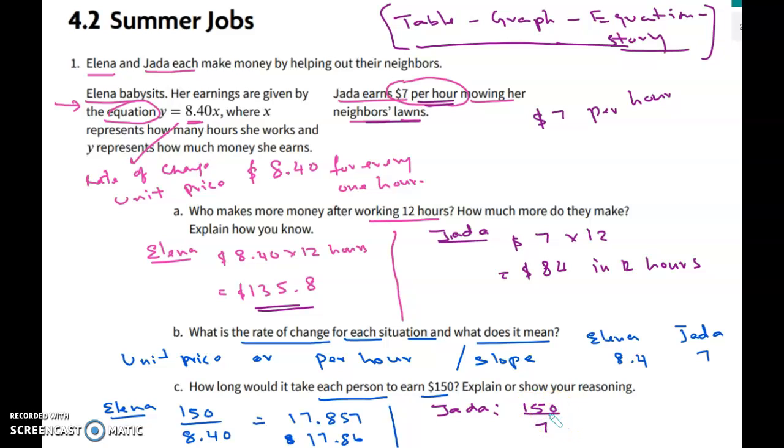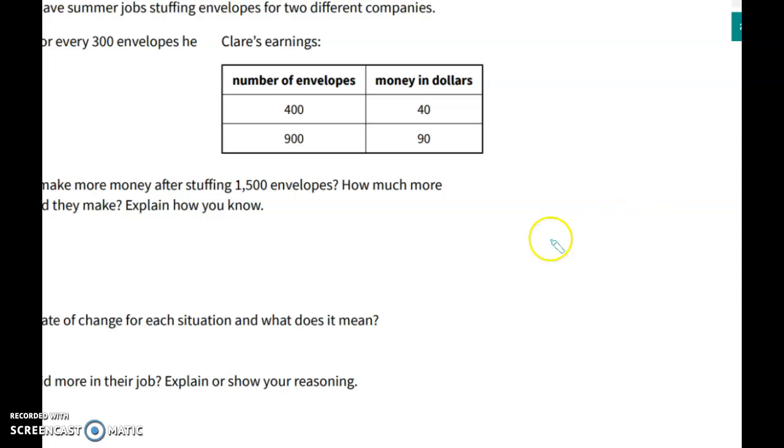So let's divide so we can see how long it's going to take for her to get that money. It says 21.42. So obviously you can see which person is going to take longer to make $150. So use this information and complete this question.